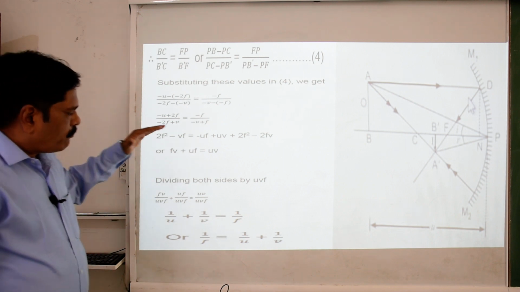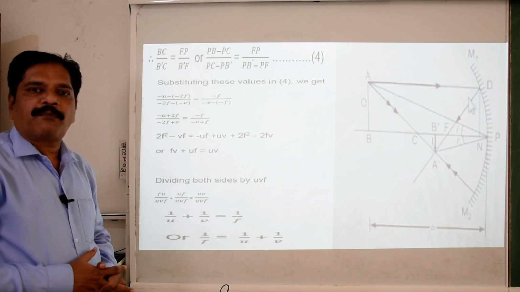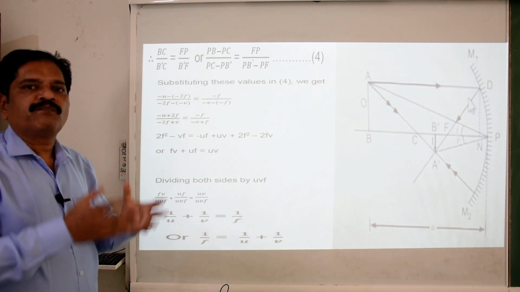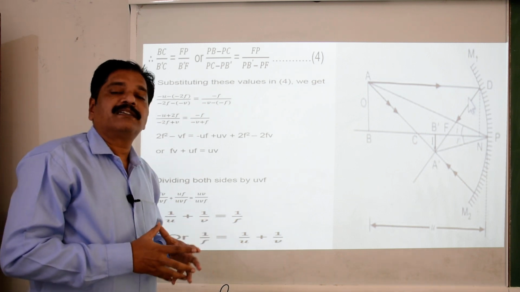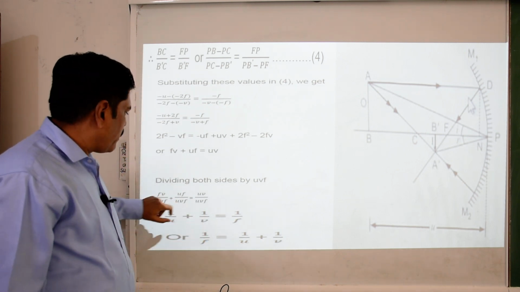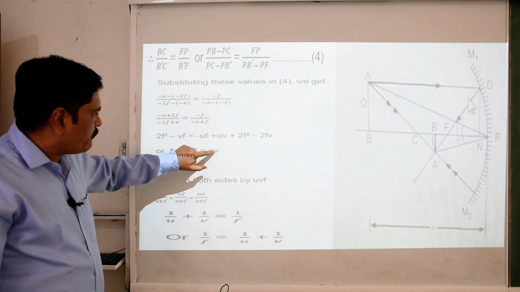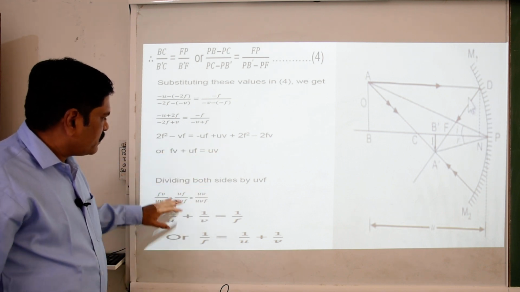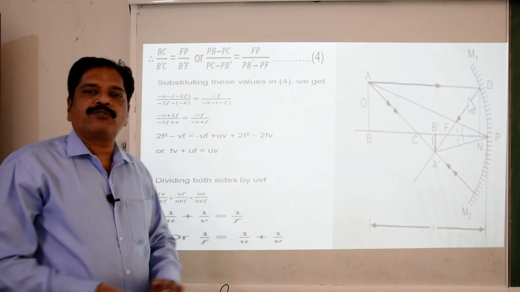Now what is the next step? Just divide both the right-hand and left-hand sides of this equation by UVF. So FV upon UVF, UF upon UVF and UV upon UVF, then you will get 1 upon U plus 1 upon V is equal to 1 upon F.